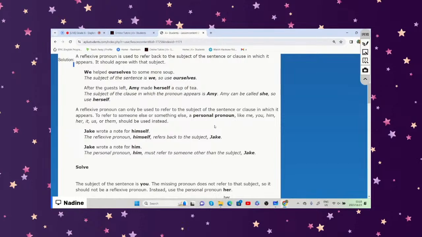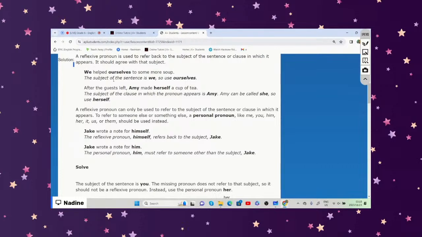So we have our reflexive pronouns and then we have our personal pronouns. Reflexive pronouns refer back to the subject, which means that it's like saying, writing it to himself, herself, itself, yourself, basically referring it back to yourself.